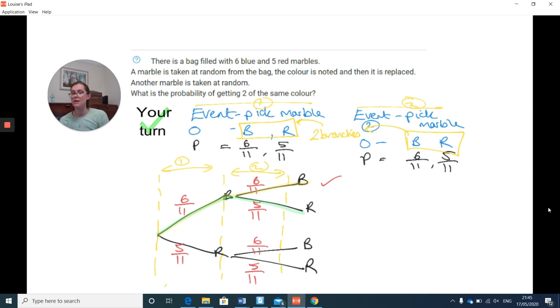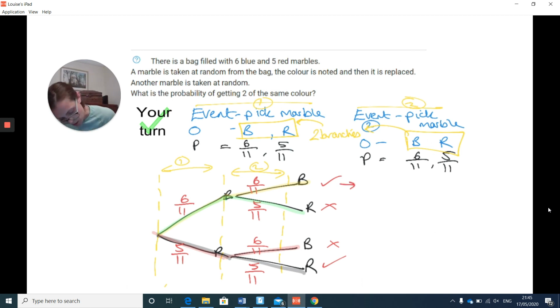They're different colours. Does it meet my criteria? So it gets a cross on it. Next one. I've got red and blue. Again, not meeting my criteria because they're not the same colour. And the final one, red and red. Now, this one does meet my criteria because they are the same colour. So this time I've got 2 branches that are meeting my criteria, blue, blue, and red, red.